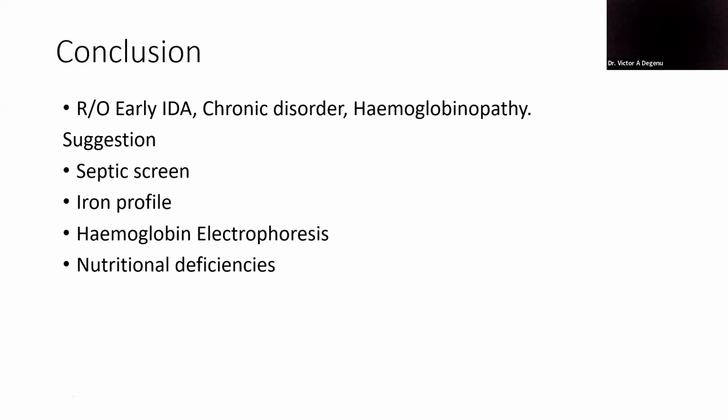Then you may do your iron profile to see why you are suspecting early IDA, and to rule out the occurrence of IDA. Then you do your hemoglobin electrophoresis to rule out the tendency of hemoglobinopathy. And then do your nutritional deficiencies to see whether they are also playing a part in your film.